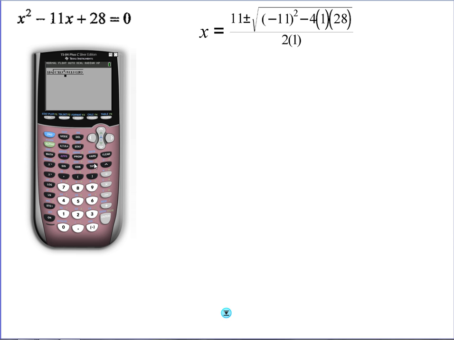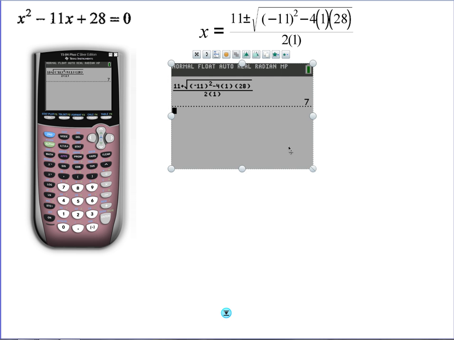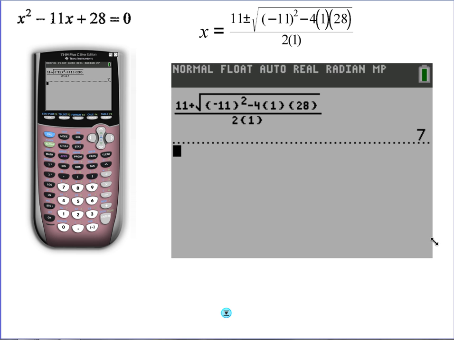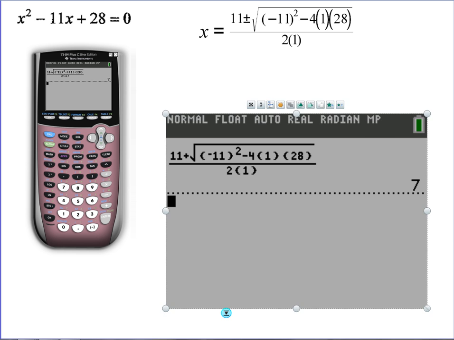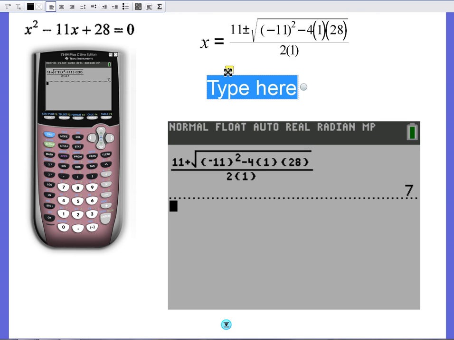All over 2 times 1. And I get to skip all the work because it just spits out the answer. One of my solutions is x equals 7. So that's one of my solutions.